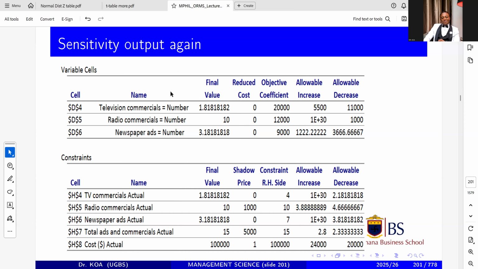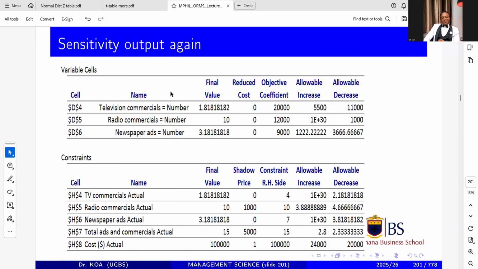Emmanuel. Doc, they don't make sense because we are talking about the number of commercials, and you are saying 1.8. 1 is okay, but the 0.8, how are you going to treat it unless you round it up? So that's why it doesn't make sense. What else? Okay, Mayor.